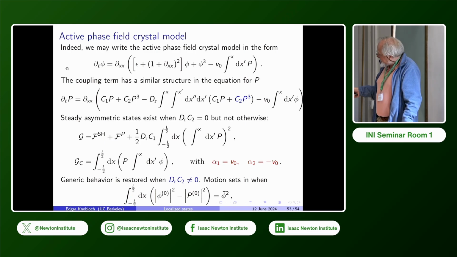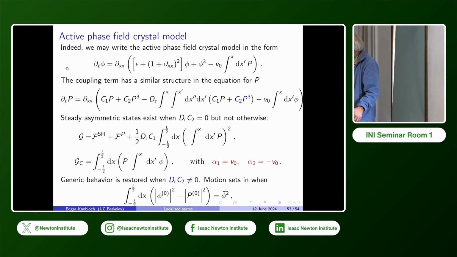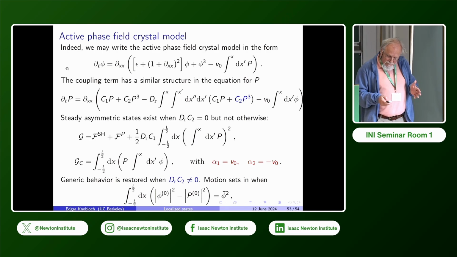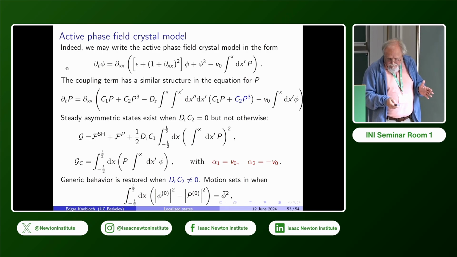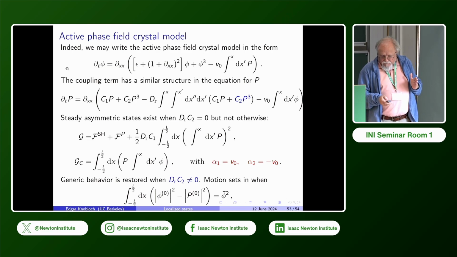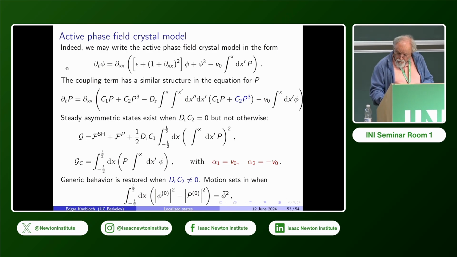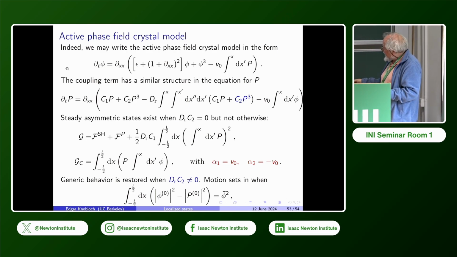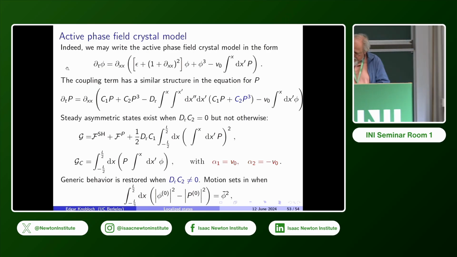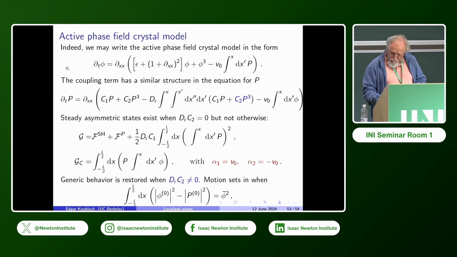And so that's an example of one of these systems, and this is what's responsible for the fact that you can have asymmetric structures which are stationary and not moving. And the way to fix that is to add this term. And then the system behaves generically. So it's perhaps a word of warning that one should be careful about studying models which are too special because they may exhibit non-generic behavior.